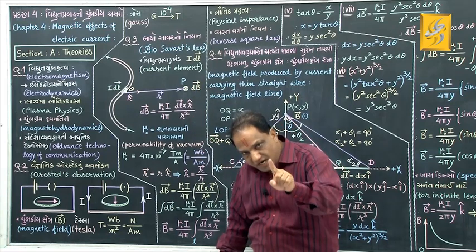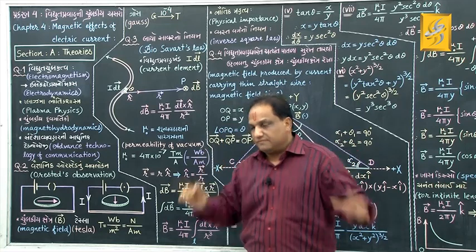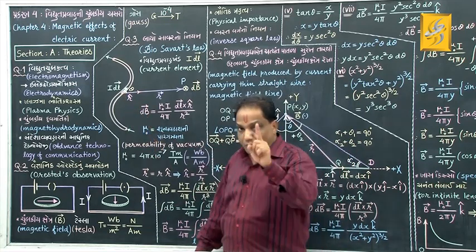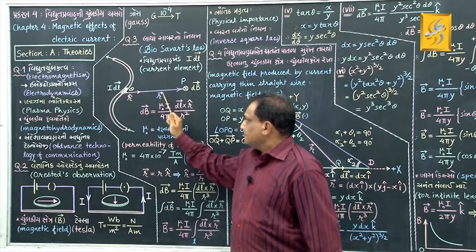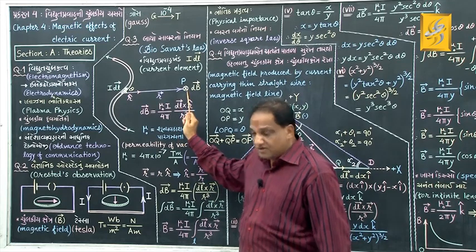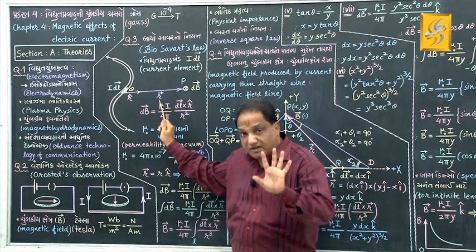When you consider partial length, you must talk about partial magnetic field, okay? Fine. Now with respect to this current element, the position vector of this very point is, suppose, vector r. That is, the distance of the point of observation from the considered length element is r, which is the magnitude of vector r.